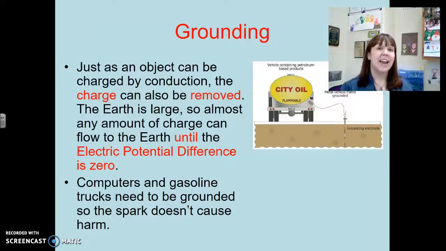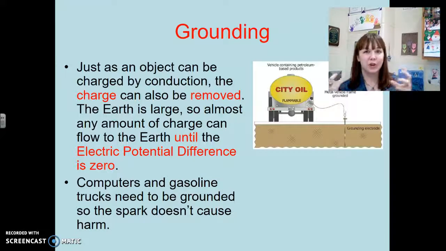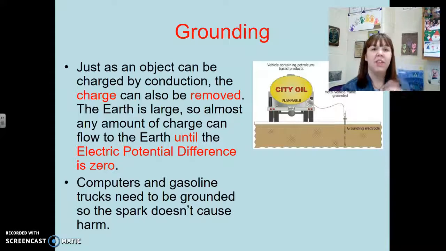Now, when we have static built up, when we have that electric potential difference, that's not a happy state. Just like your books are wanting to fall off the shelf, your charges are wanting to be with the other charges. And everything is wanting to be a nice balanced state where you don't have any of that potential energy stored in your system. So a process called grounding will take that extra charge and remove it.